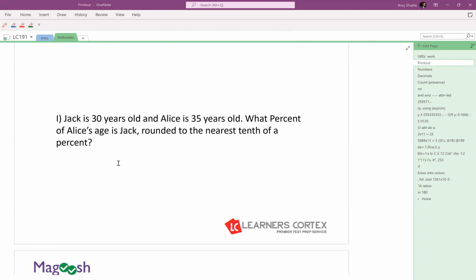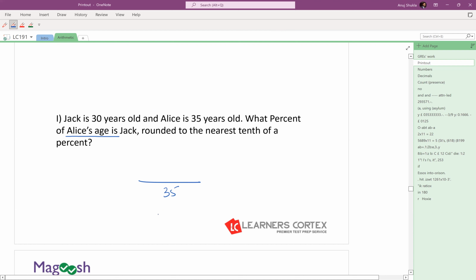Jack is 30, Alice is 35. What percentage of Alice is Jack? "Of Alice" means in the denominator, Alice's age will come. Alice's age is 35. What percentage is Jack's age? That is 30. 30 by 35 is 6 by 7. Nearest tenth means rounded to the nearest tenth of the percentage. So find 6 by 7. What is the value of 6 by 7?